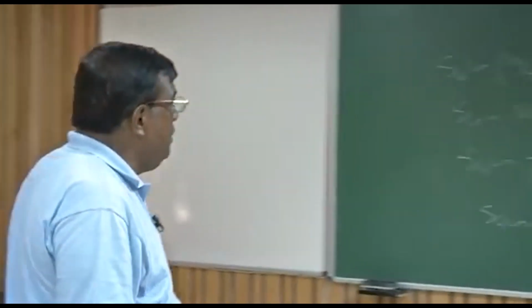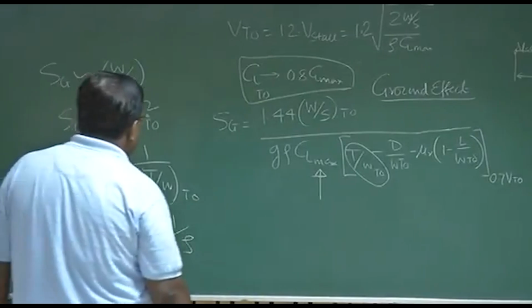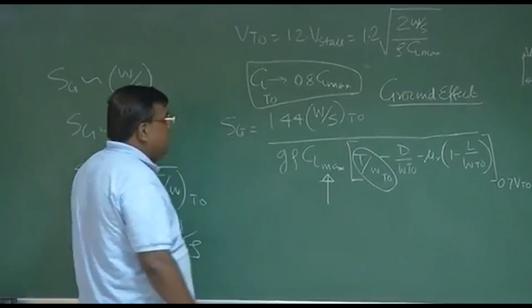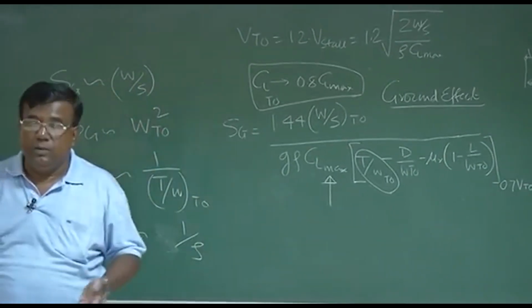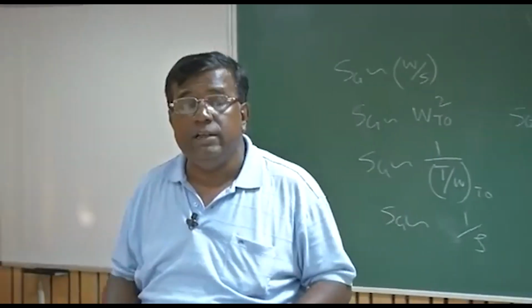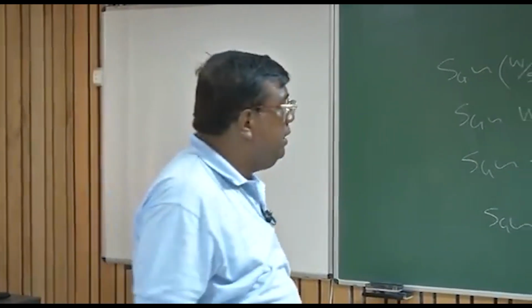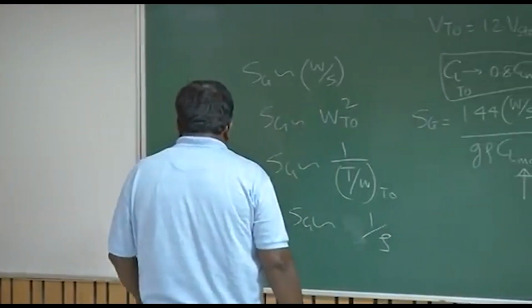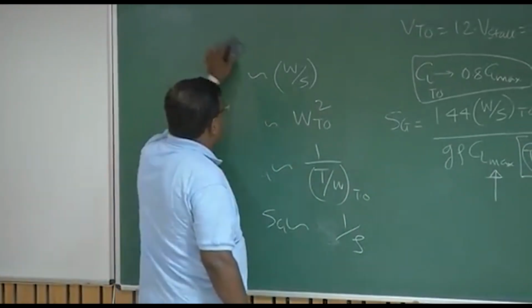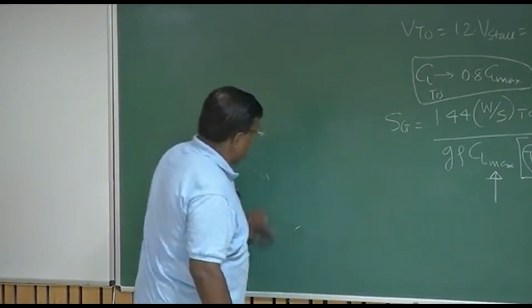Okay? It's extremely important. Also, you understand from here that density not only changes with altitude, density also changes with whether it is a winter season or a summer season. Okay? So let us see for winter and summer season how SG will get affected.